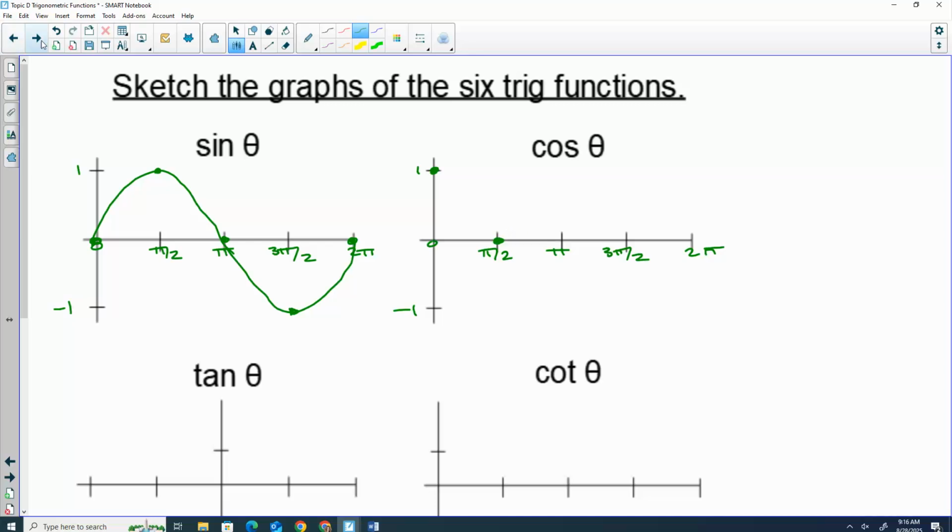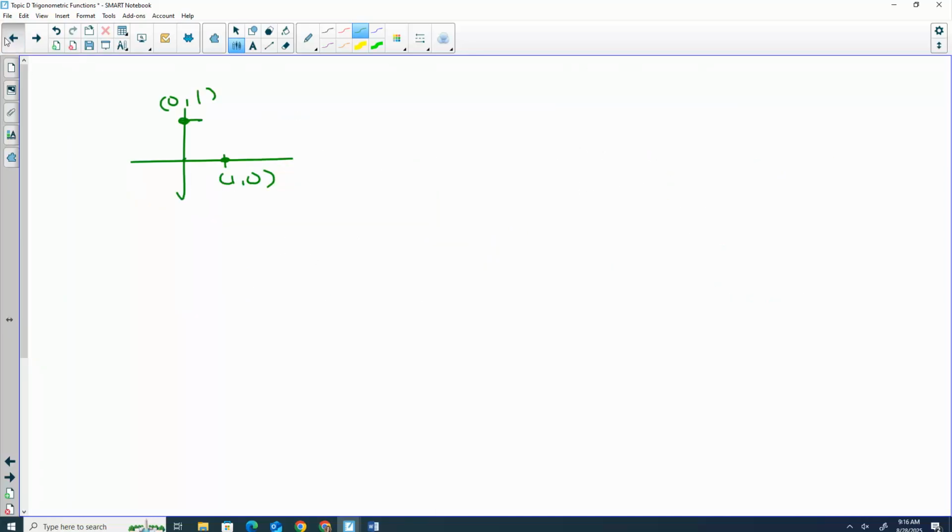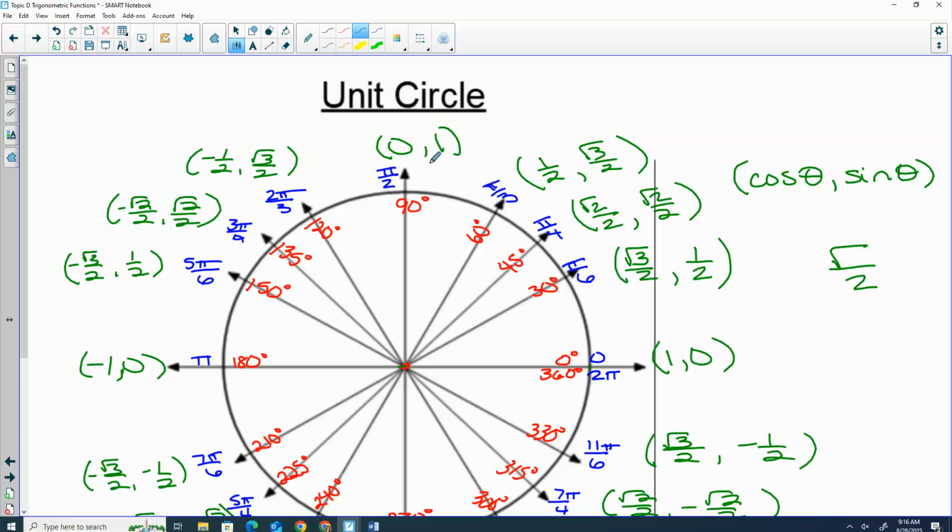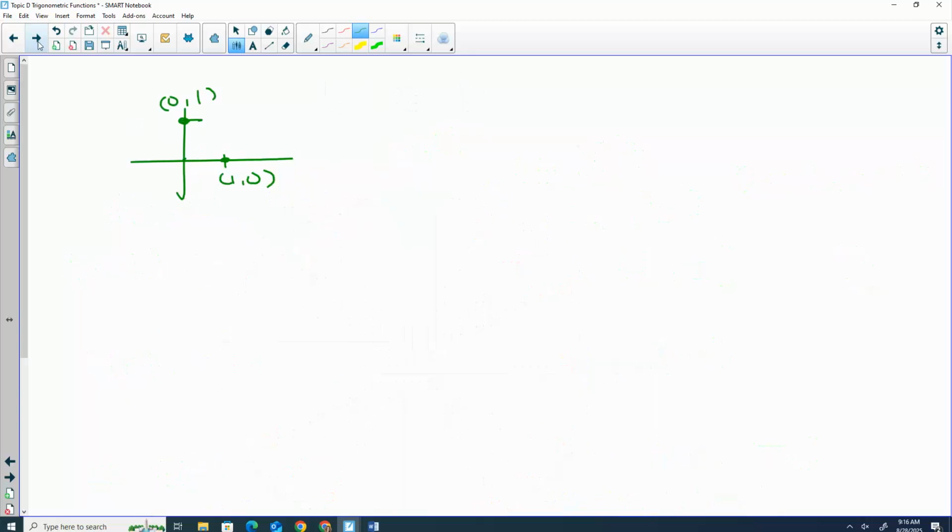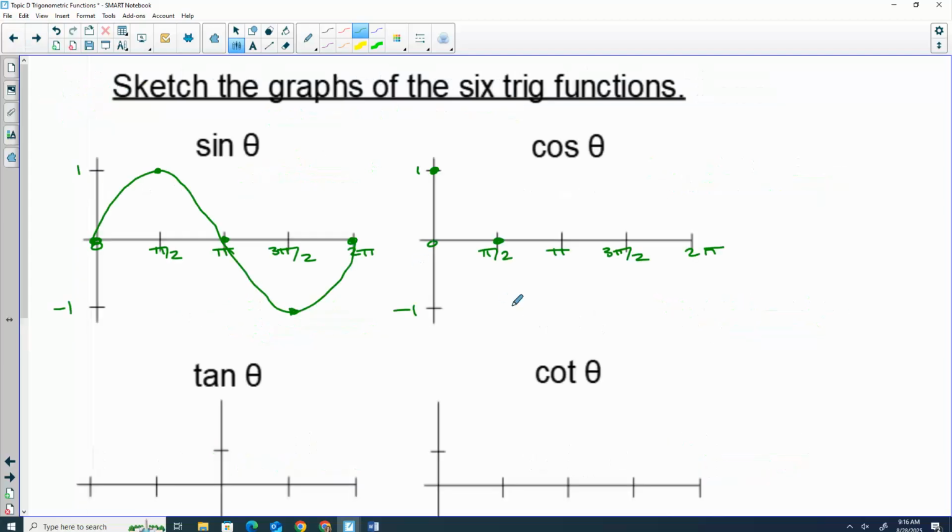And we're getting these basically from our unit circle. Cosine is the x, so 1, 0, negative 1. So pi, we're at negative 1. 3 pi over 2 is 0. 2 pi is back to 1. Something like that.